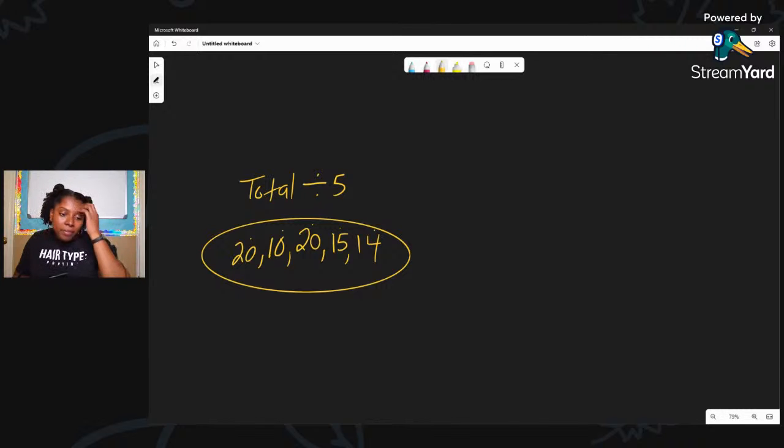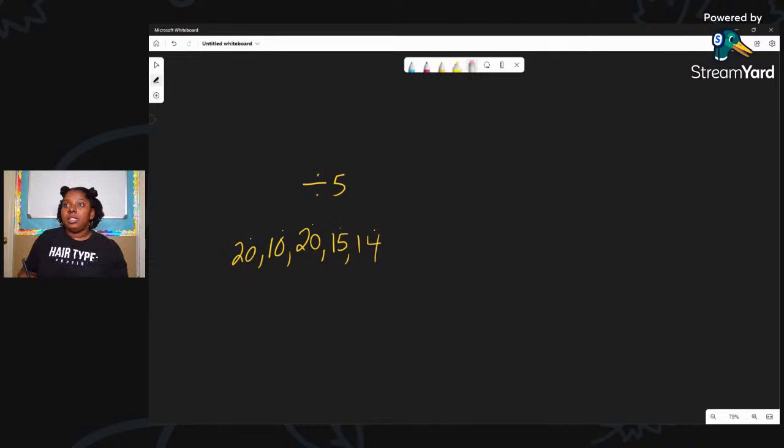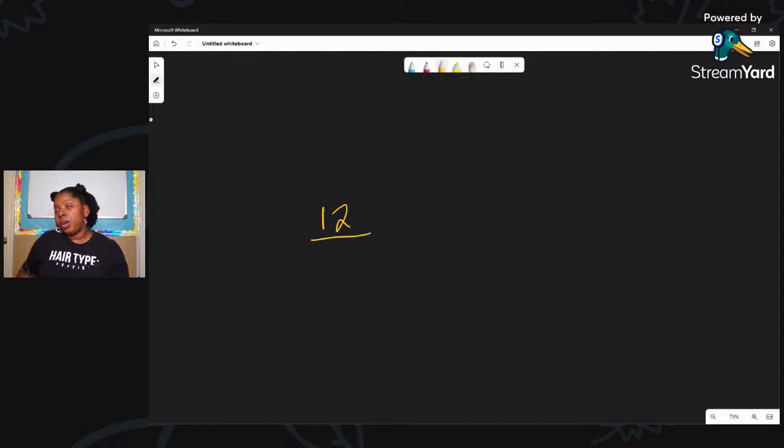How do you simplify improper fractions? So to simplify improper fractions, you're just dividing. So let's say it's 12 tenths, right?